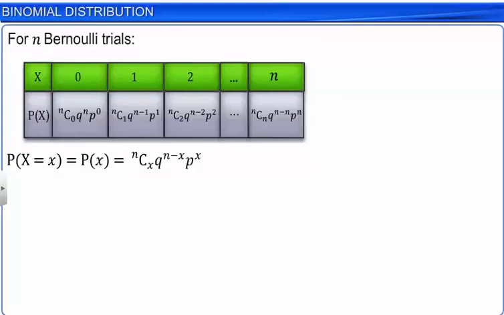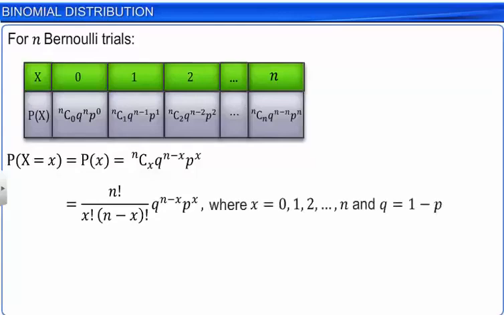Now, nCx can be written as n factorial divided by x factorial times (n minus x) factorial, where x is equal to 0, 1, 2, and so on till n, and Q is equal to 1 minus P. Here, P of x is known as the probability function of the binomial distribution.